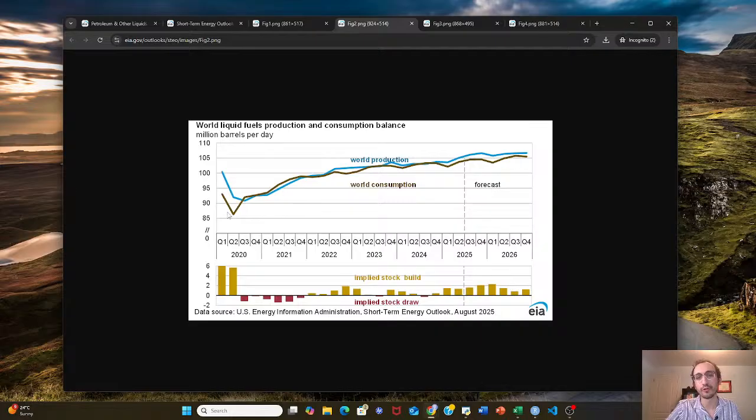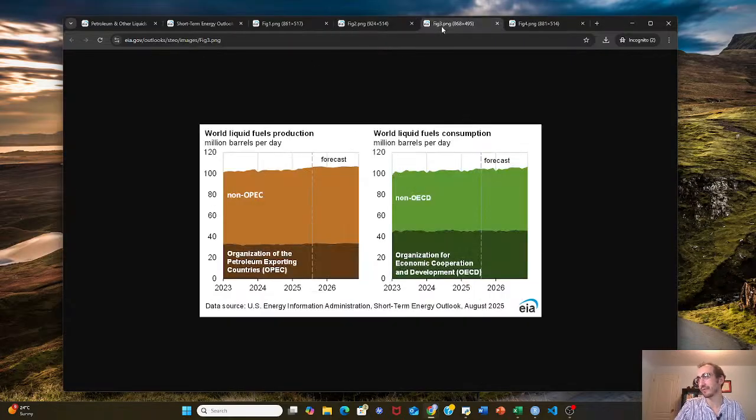You went through a period where world consumption was above world production, which is where demand is outpacing supply. That's bad. That means the prices fly.